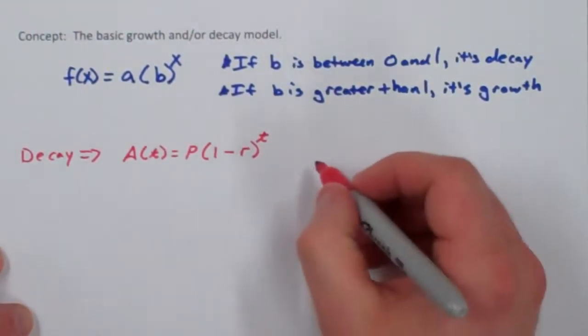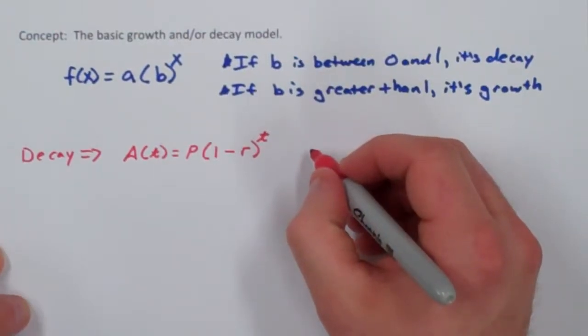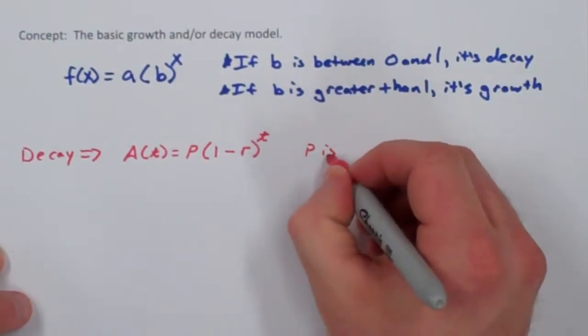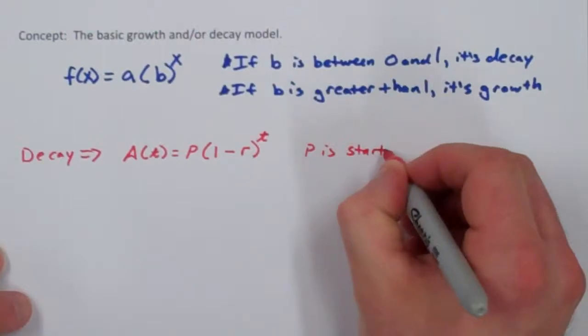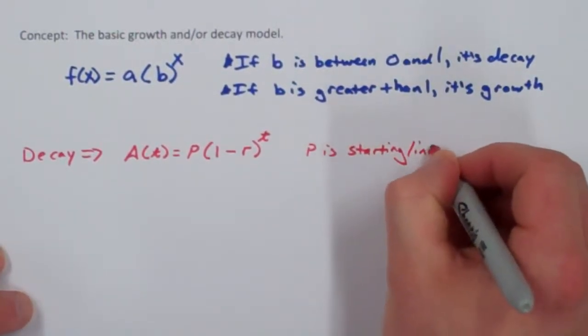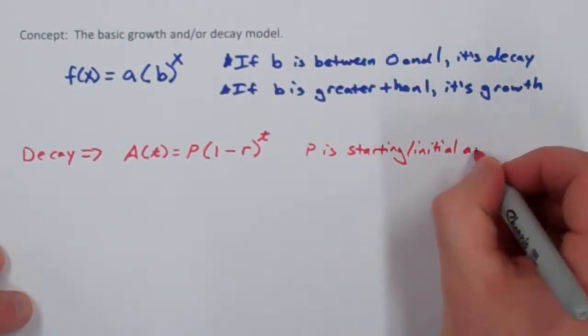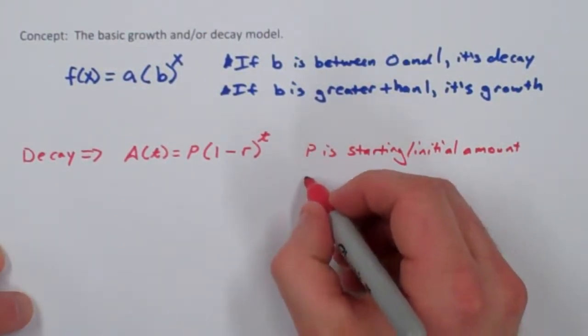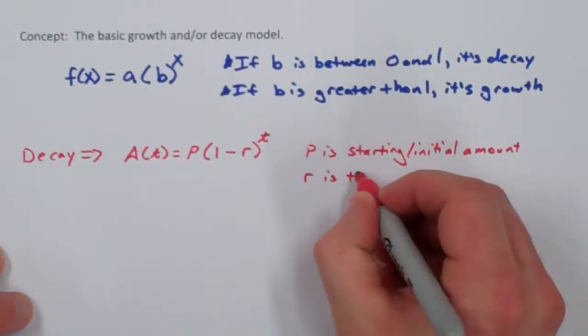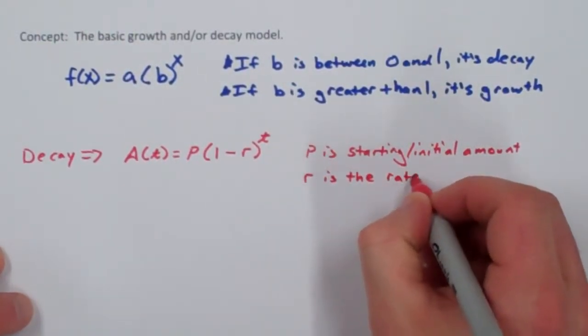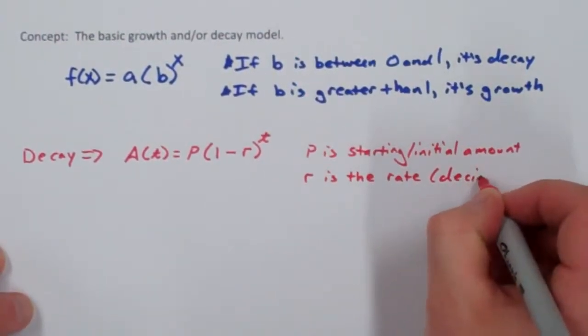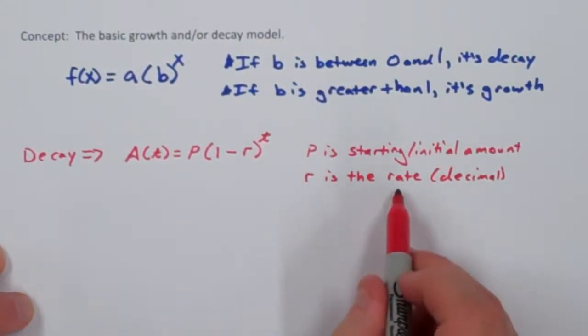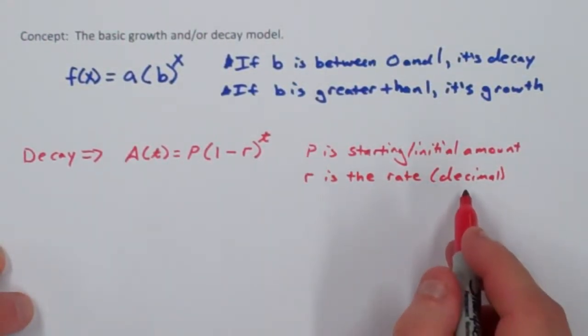So let's write that down here as well, so that you have it down. So p is the starting, or you could say initial amount. And then your r is the rate, and that's in decimal form. Most oftentimes this is given as a percent, so you have to change that into decimal form.